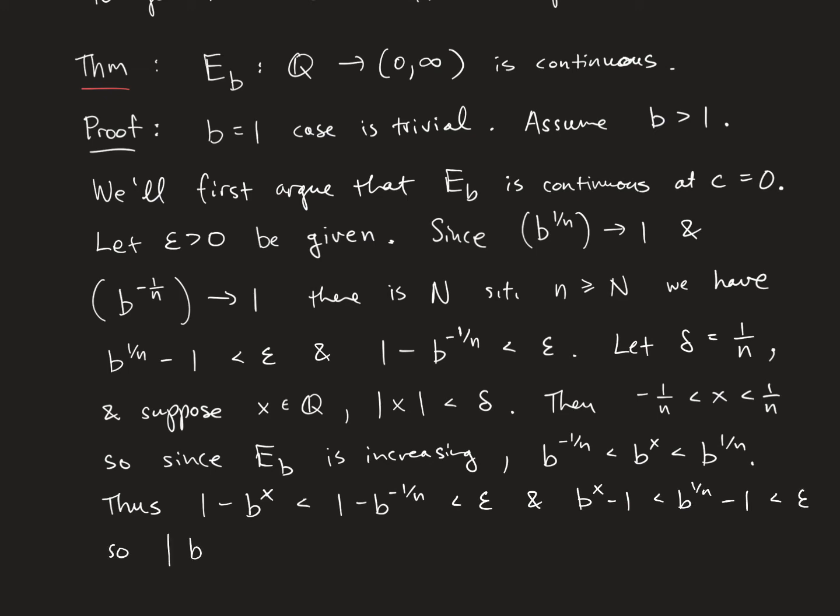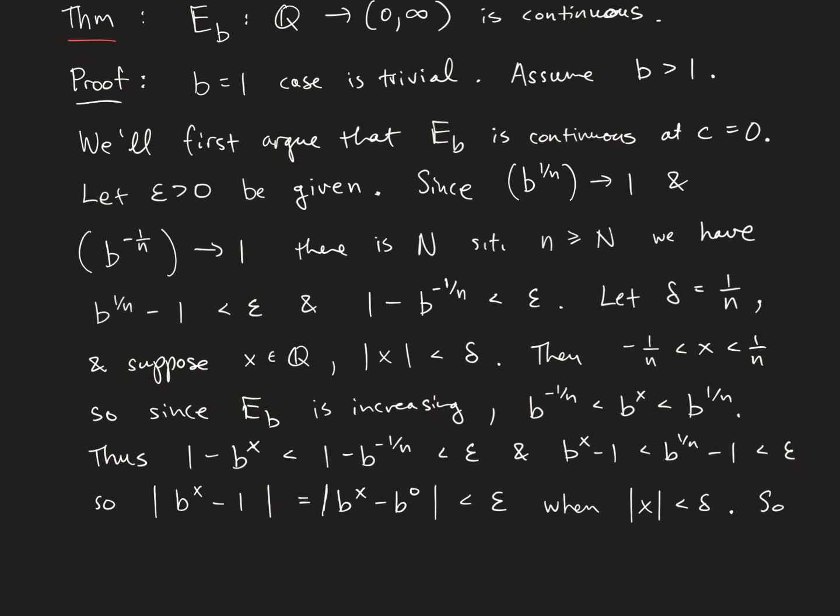So the absolute value of b to the x minus 1, which is equal to b to the x minus b to the 0, is less than epsilon when x is less than delta in absolute value. Okay, so this proves continuity at c equals 0.